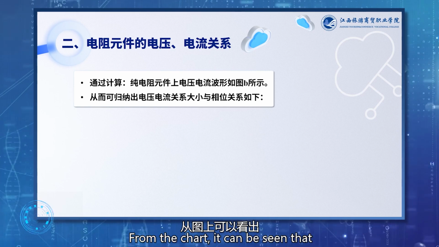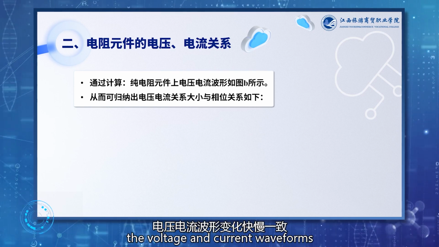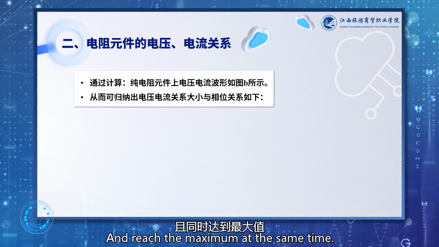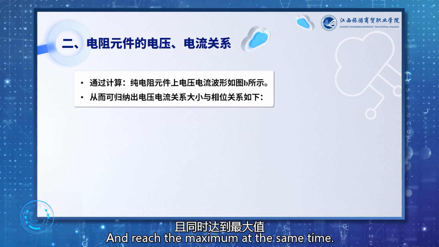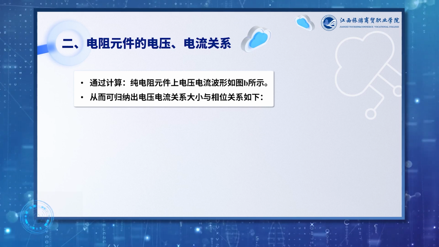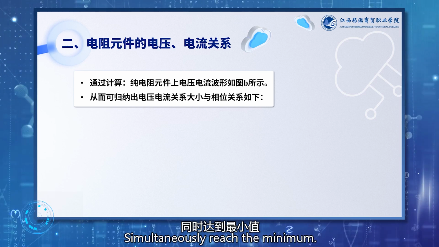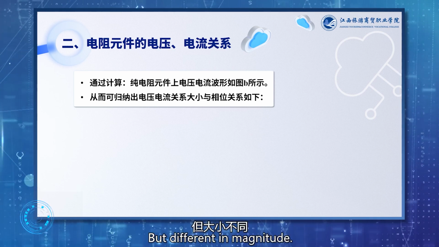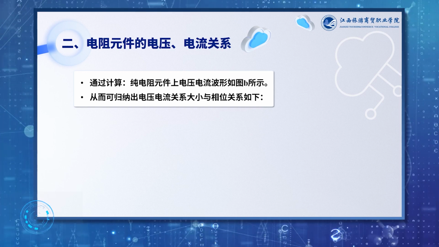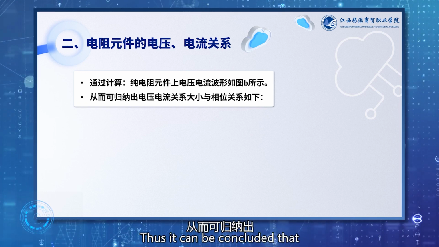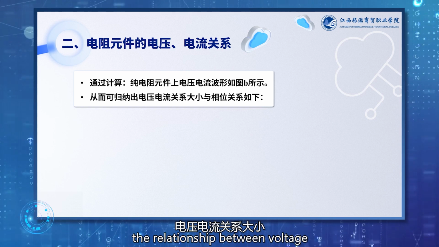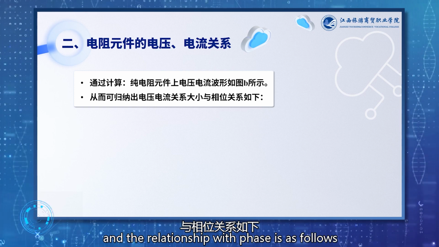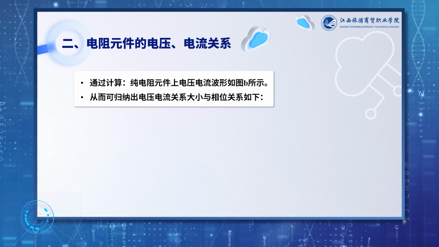By calculation on a pure resistance element, the voltage and current waveforms are as shown in figure B. From the chart, it can be seen that the voltage and current waveforms change at the same speed and reach the maximum at the same time. Simultaneously they reach the minima, that is, in the same step, but different in magnitude. Thus, it can be concluded that the relationship between voltage and current magnitude and phase is as follows.